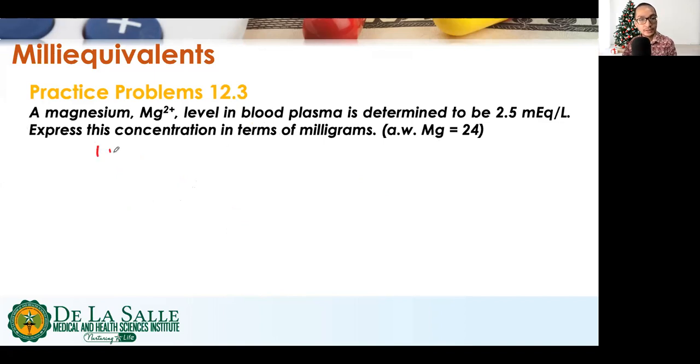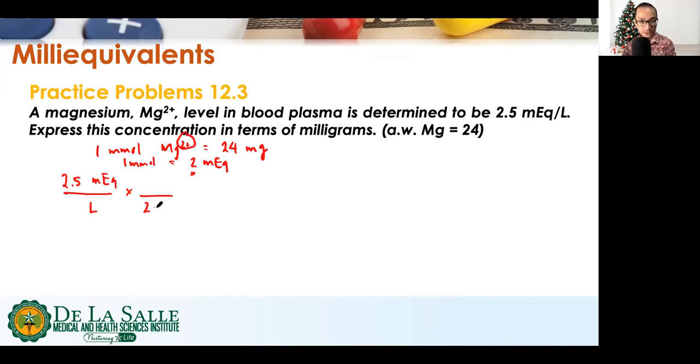So 1 millimole of magnesium ion has a weight of 24 milligrams. Now I have 2.5 MEQ per liter. And so ito pala, i-convert ko muna. 1 millimole is equal to 2 milli equivalents. Okay? Yeah, so saan ang galing yung 2 milli equivalents? 2 being the valence of magnesium.